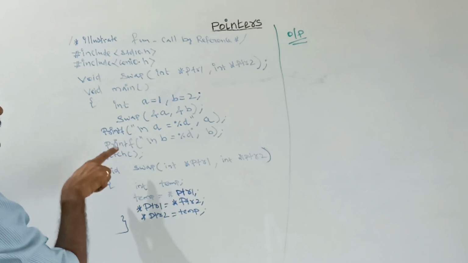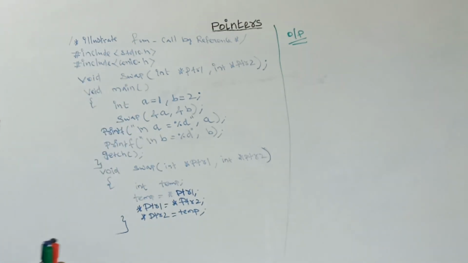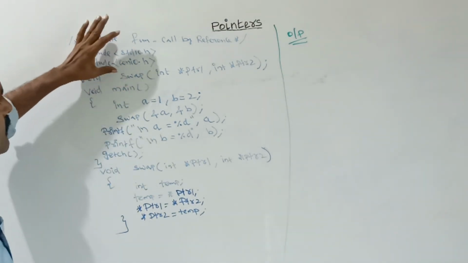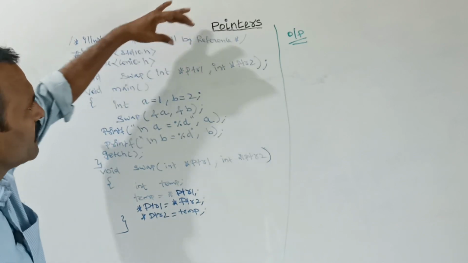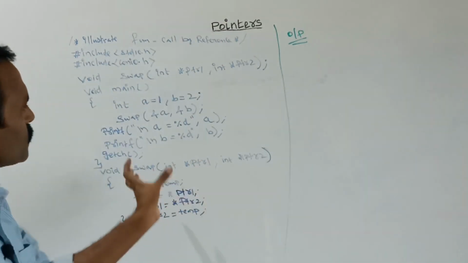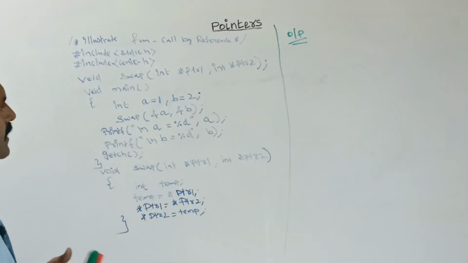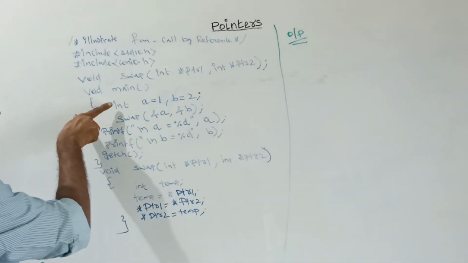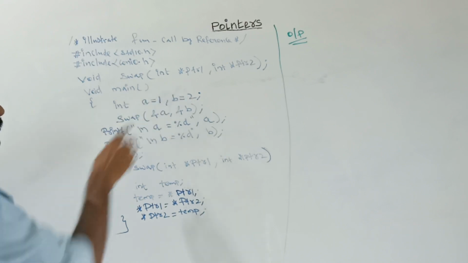Here in the main part, I have created a user defined function named swap, with two variables, ptr1 and ptr2. These variables are used to get the address of the other variables.